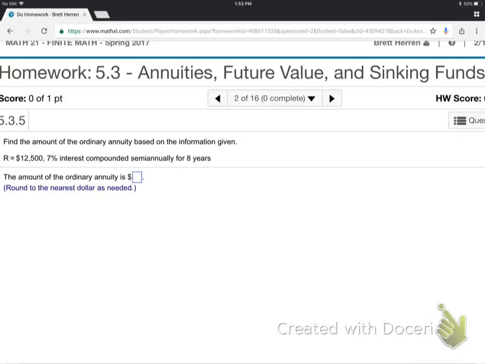Two sections, I hope. And this first one is future value. What that means is it's like saving for retirement. An annuity is a series of payments, payments to your own account.